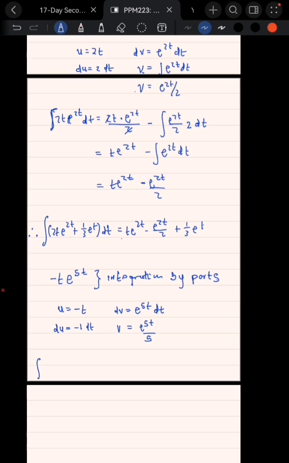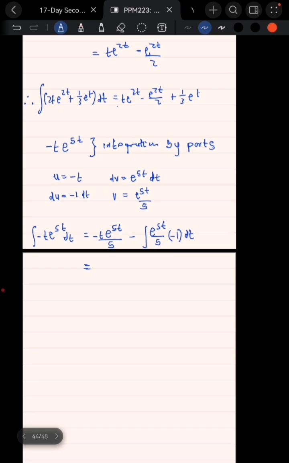Therefore, the integral of minus t e to the power 5t dt is going to be equal to u, which is minus t e to the power 5t over 5, minus the integration of e to the power 5t over 5 multiplied by minus 1 dt, equal to minus 1 over 5 t e to the power 5t plus 1 over 5 times the integration of e to the power 5t dt.